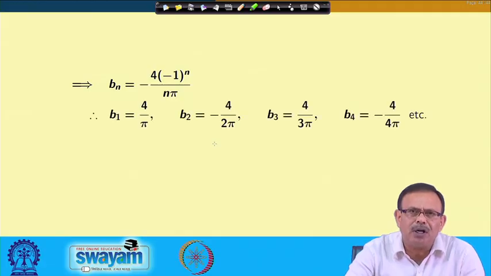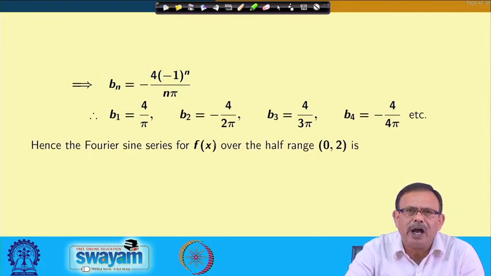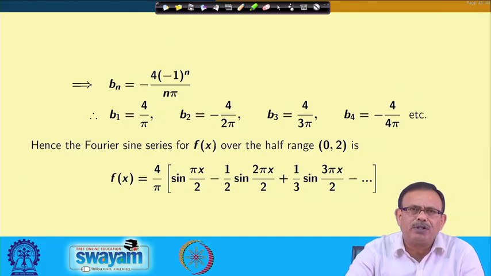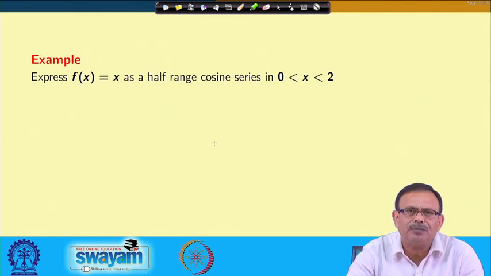So, you can calculate b_1, b_2, b_3, all these, and from here you can write down the Fourier sine series, the half range sine series of f(x) in 0 to 2: f(x) equals 4 by pi into sin(pi x by 2) minus half into sin(2 pi x by 2) plus 1/3 sin(3 pi x by 2), and like this way it will go on.